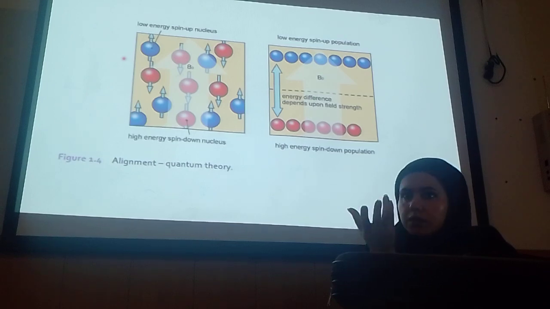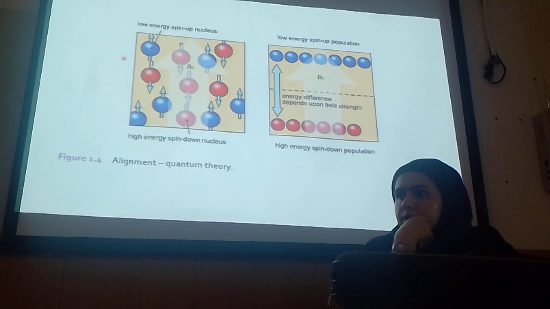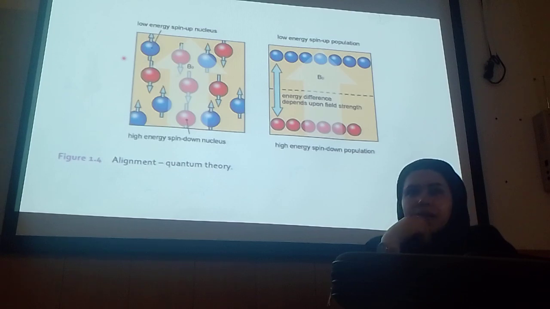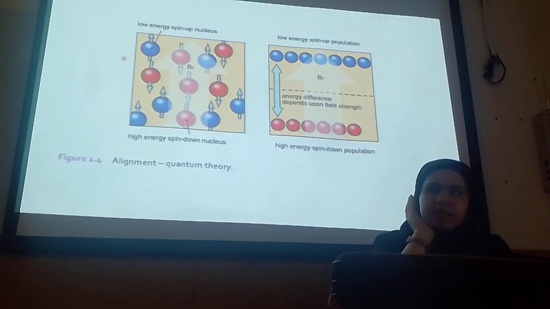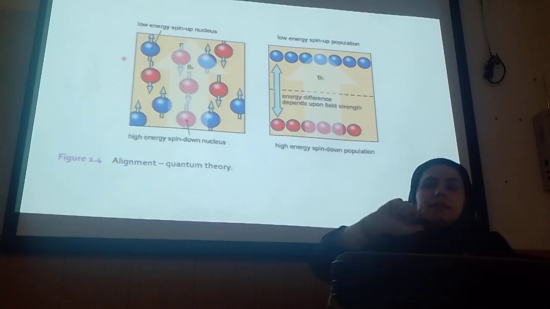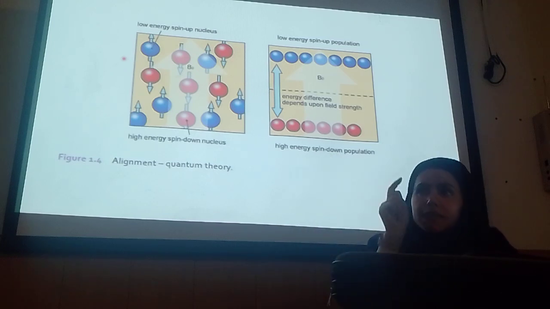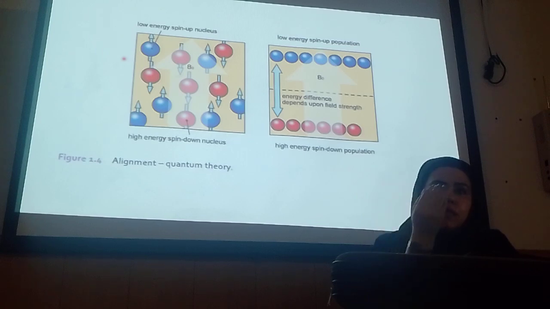Using the radio frequency, when it is perpendicular, the magnetic field changes. If we apply RF radiation perpendicular to the B0, we can rotate the M to the XY.